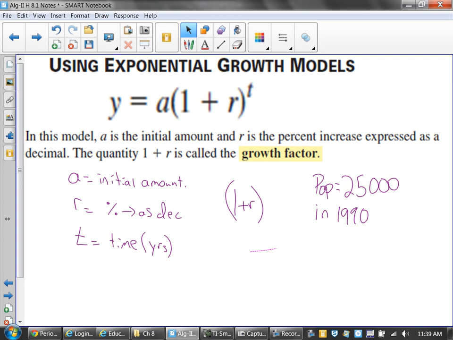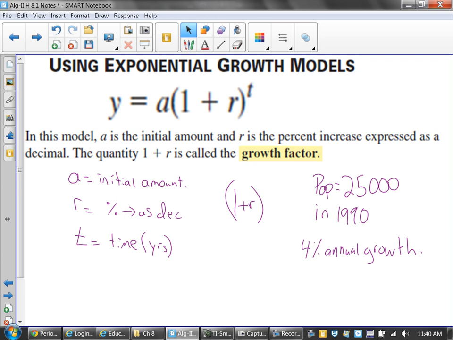Anyway, let's say that your percentage of annual growth rate was 4%. What you do with these values in order to figure out what the model will look like given those specific parameters is that you now know what your initial amount was.